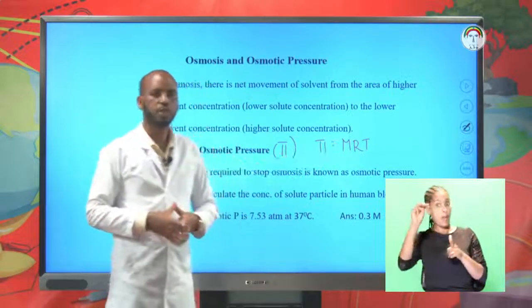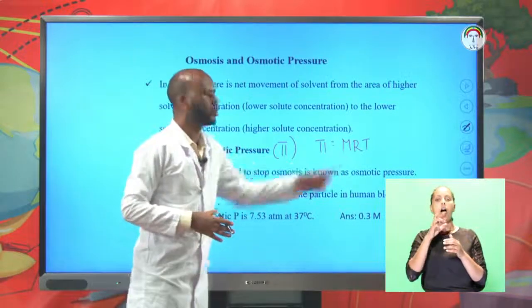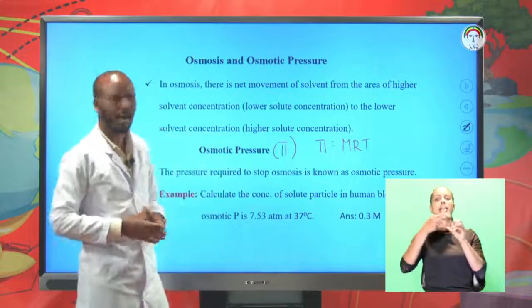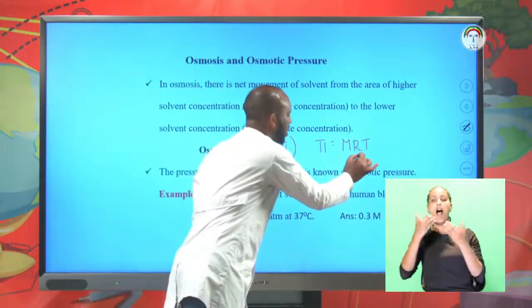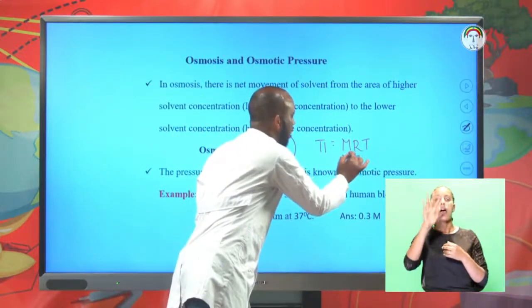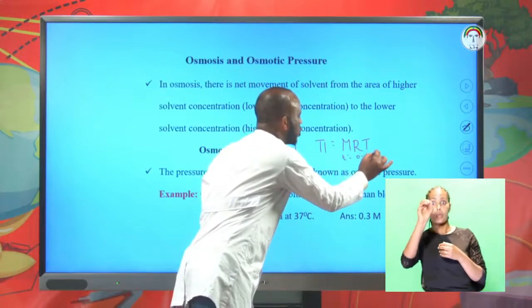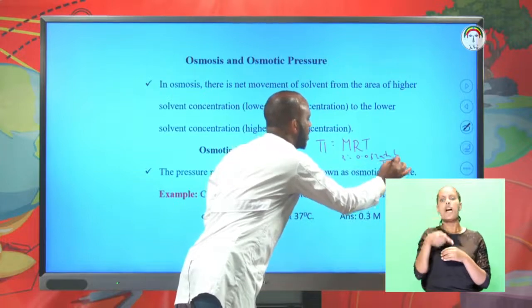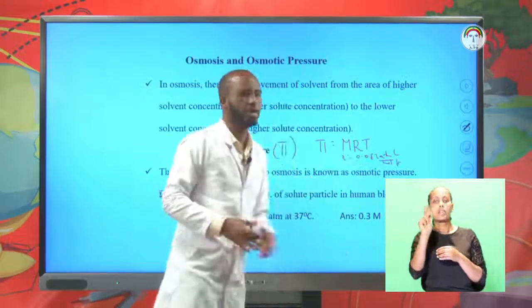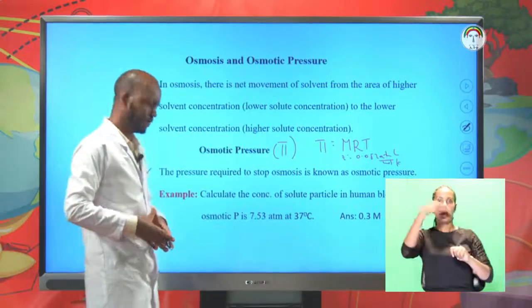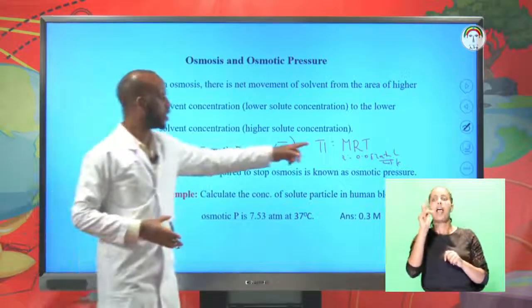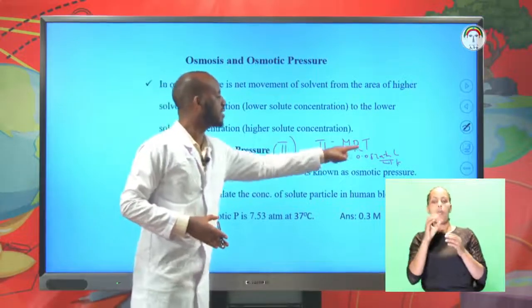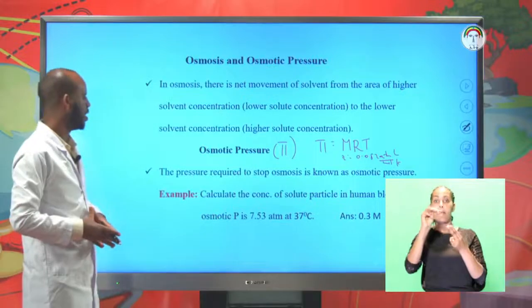Capital M is molarity of the solution. R is universal gas constant having a value R equals 0.082 atmosphere liter per mole Kelvin. T is temperature in Kelvin. Therefore, osmotic pressure equals molarity times R times temperature.